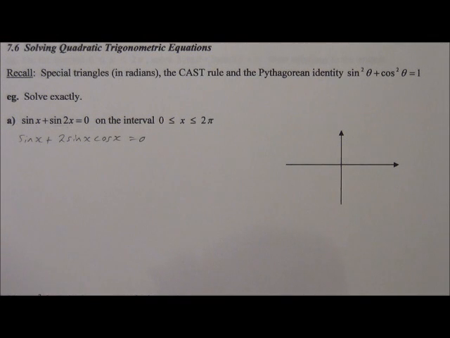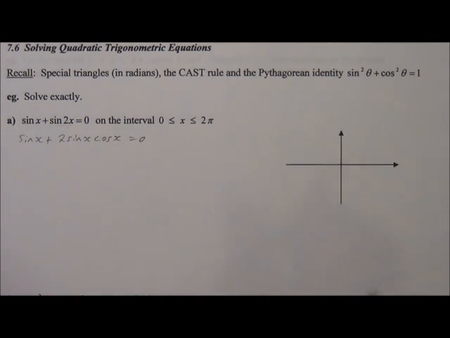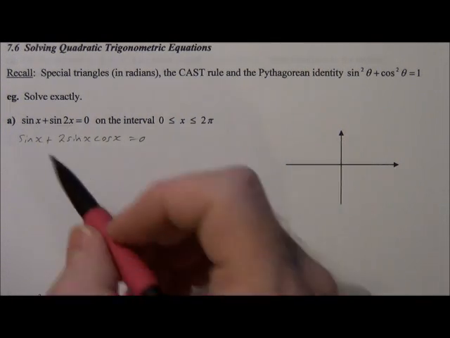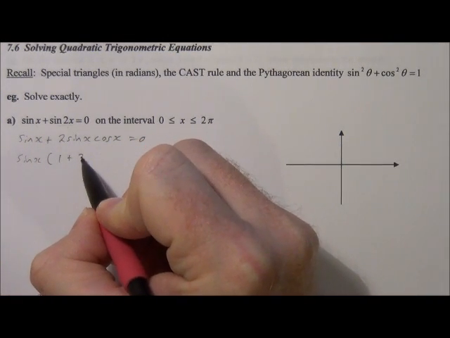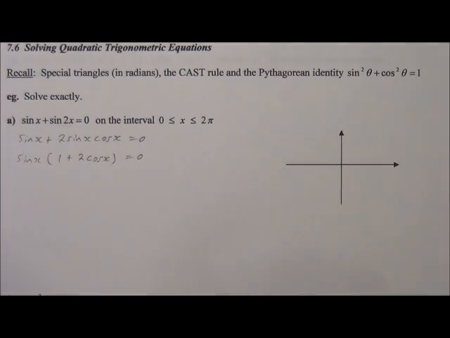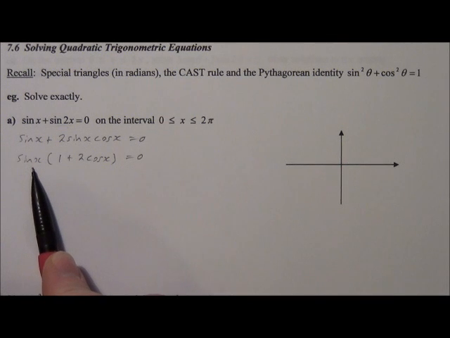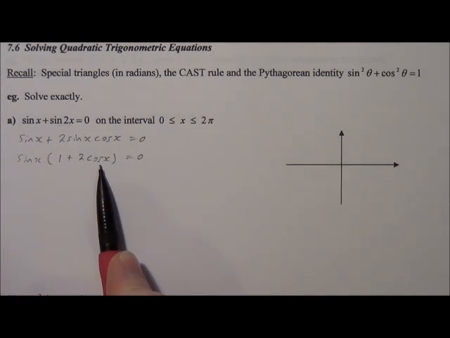And now from here we can take these two terms and factor out what's common. So now we've got one factor, sine x, and another factor, 1 plus 2 cos x.